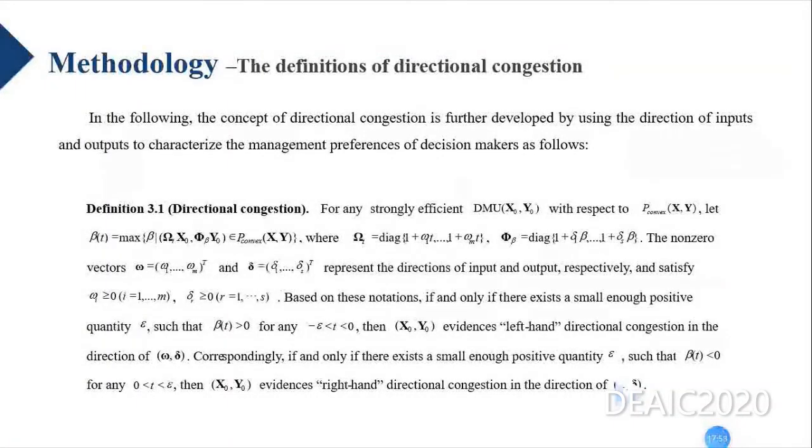This part was explained in the introduction to the 3rd motivation of our work. To characterize the management preference of decision makers, we introduce the directions of inputs and outputs in our definitions of congestion. Then, the concept of directional congestion is further proposed as definition 3.1.